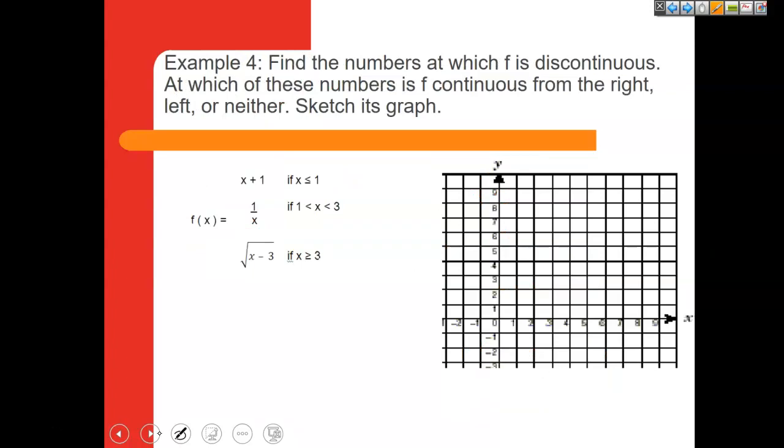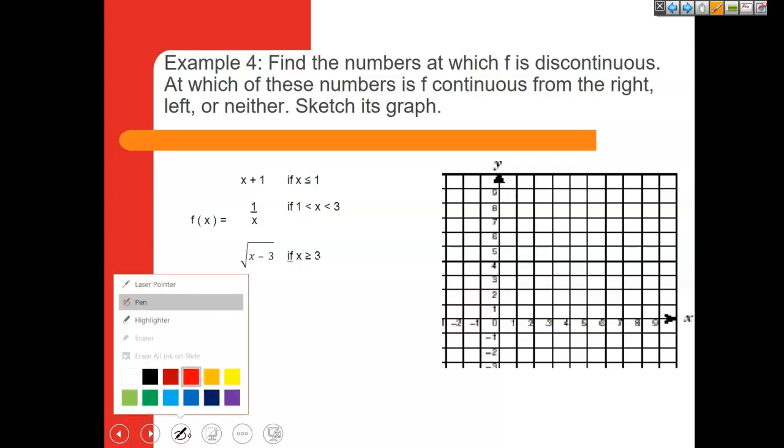Let's graph the piecewise. You're saying that, I don't know how I'm going to graph this, because every time I try to draw a point, it just erases. So I'm going to try it.